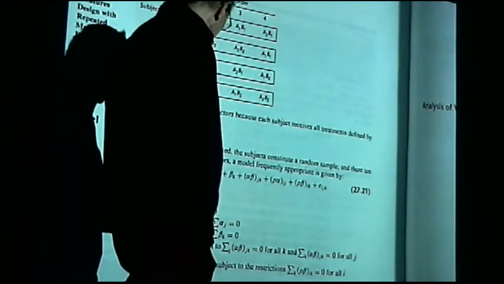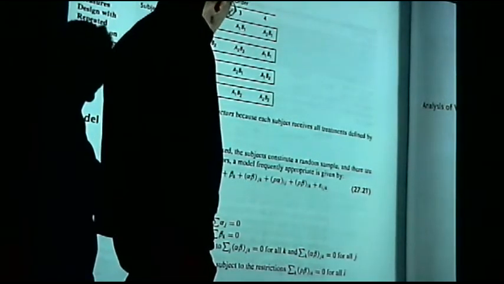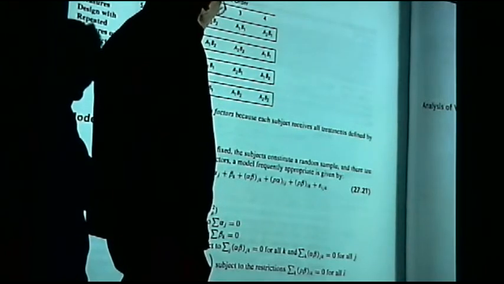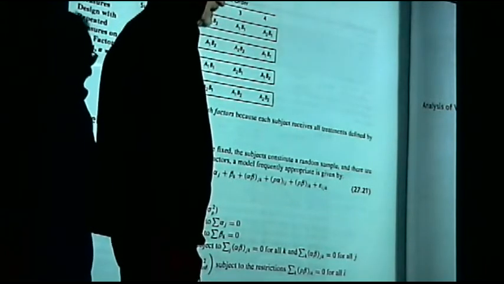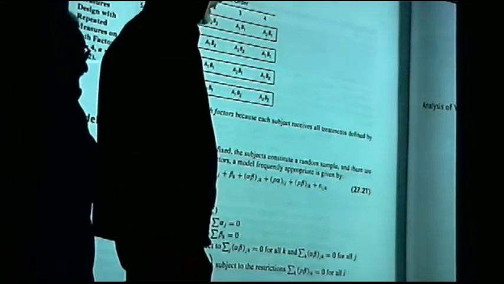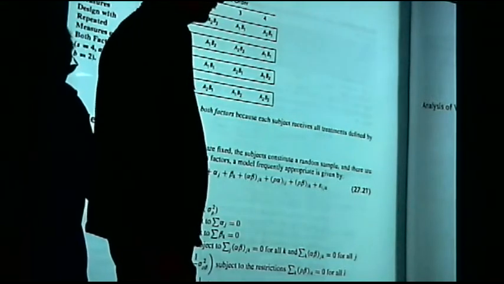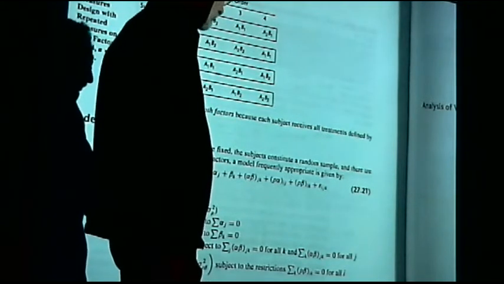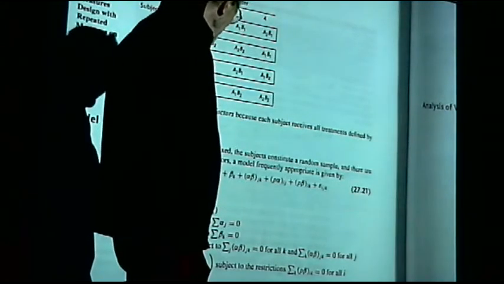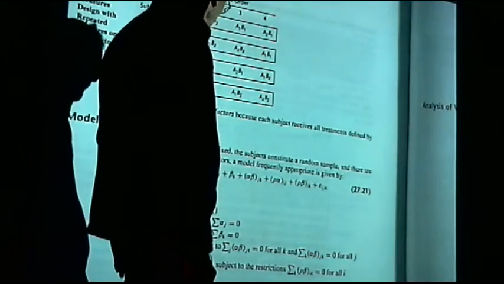With these constraints down here on the random variables, you can see this is what we would call, which way does it go? This would be the restricted model. We've got these restrictions on the variables in the model.